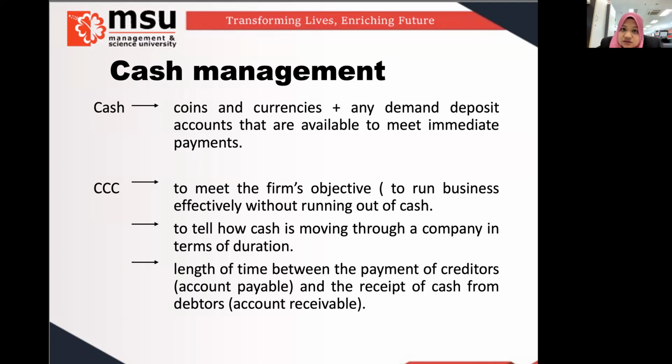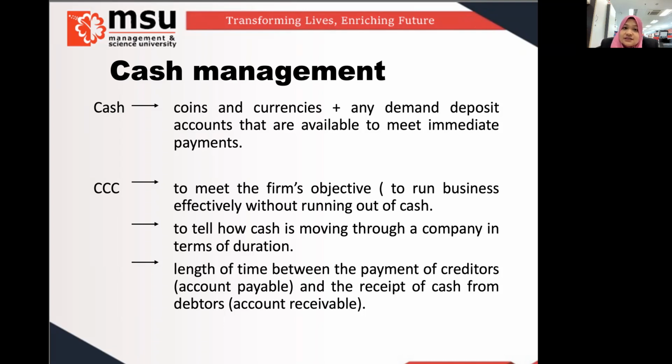Even though the business is not doing well, because business is always up and down. Either the business is at the peak level, they will have cash. Even though the business is at the low level, the business also needs to have cash. All right, because cash is very important. So later we will discuss the importance of cash. So first, how can we make sure that the cash will always be available?